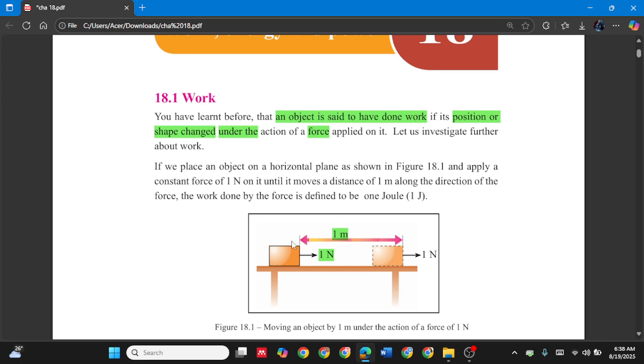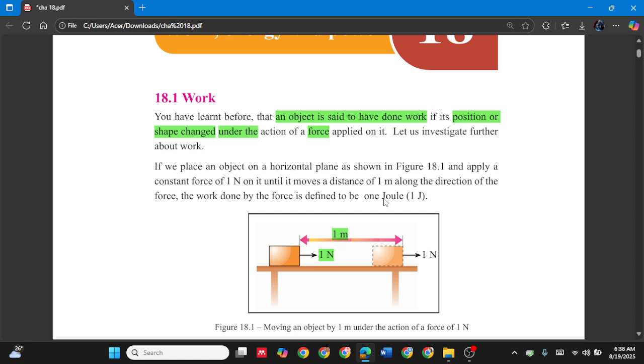So the work has been done here. And what is the unit of work? When it comes to force, the unit is Newton, and when it comes to distance or displacement, the unit is meter.